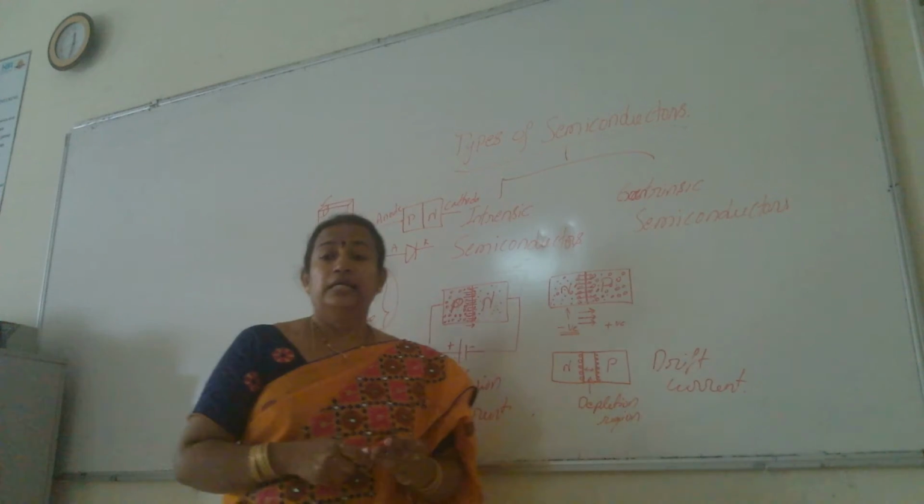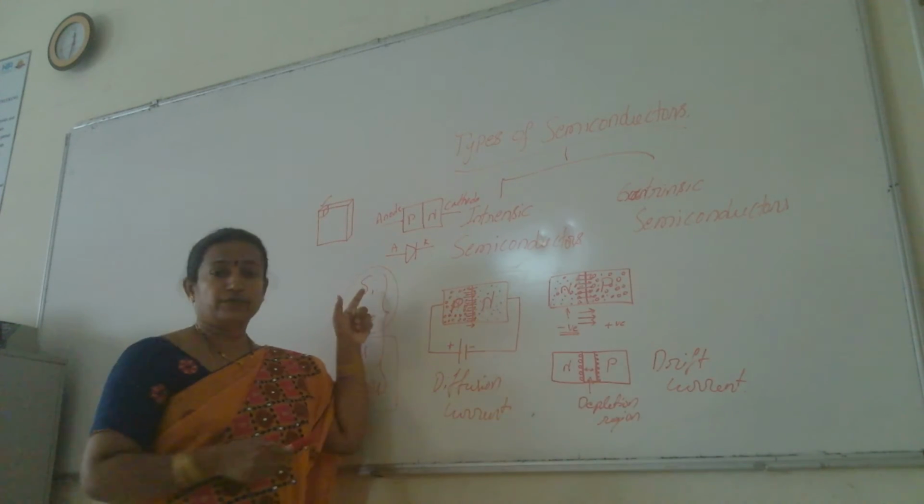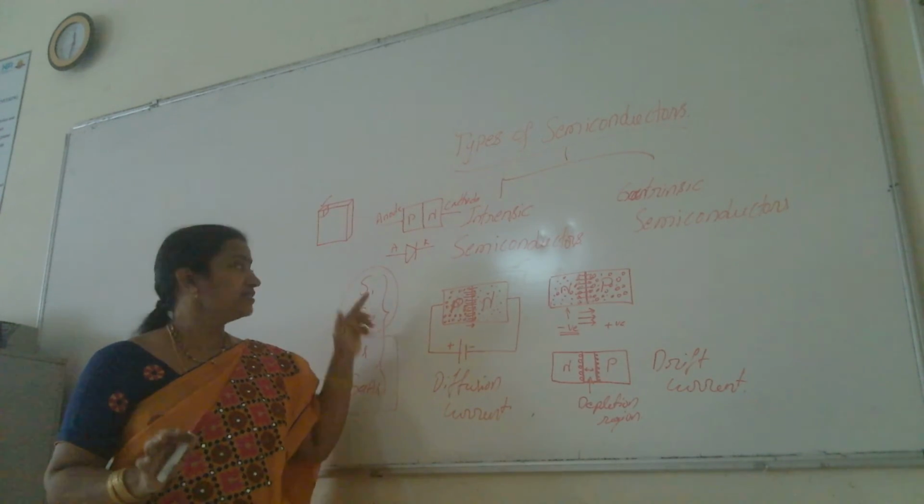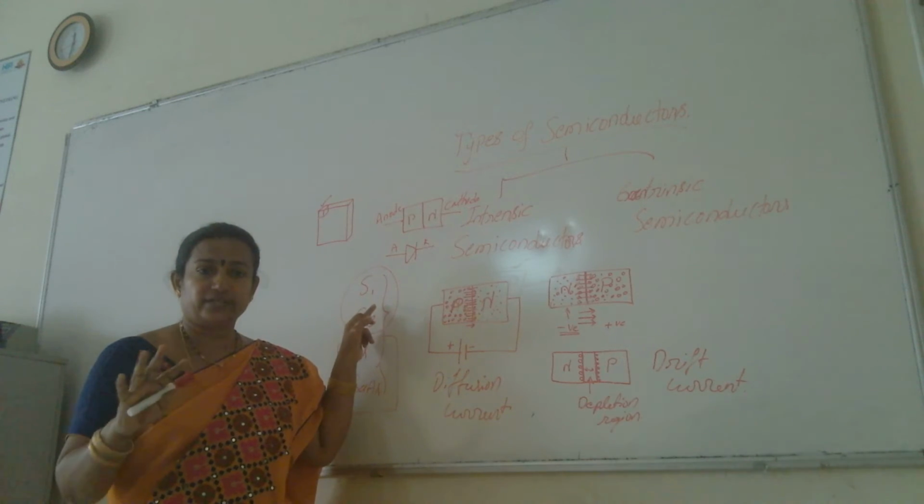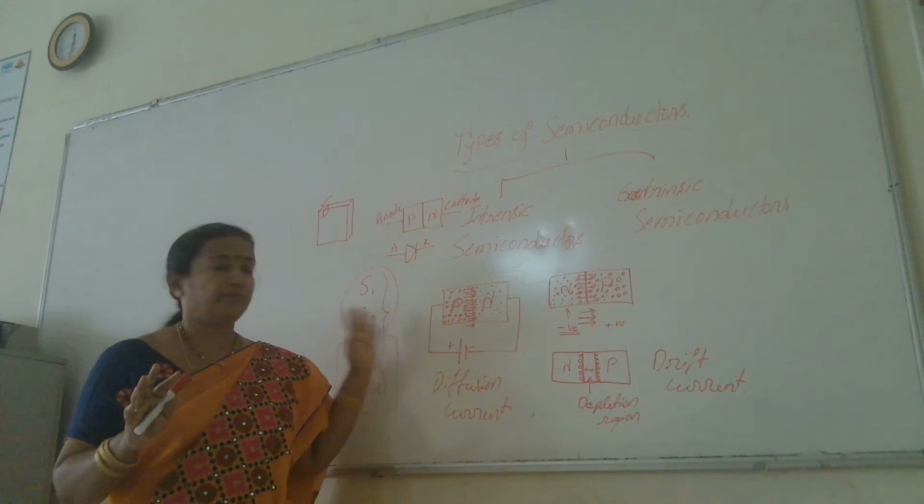Okay, thank you. So that's the basic reason for using silicon and germanium materials. Now you know the reason for choosing silicon for electronics as compared to germanium.